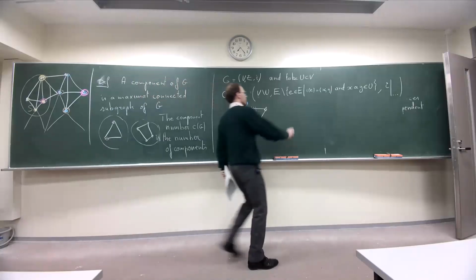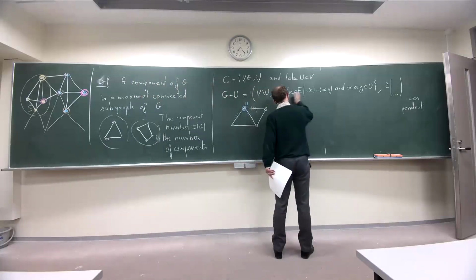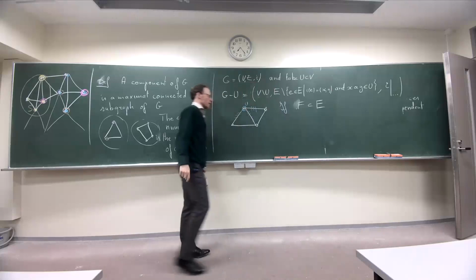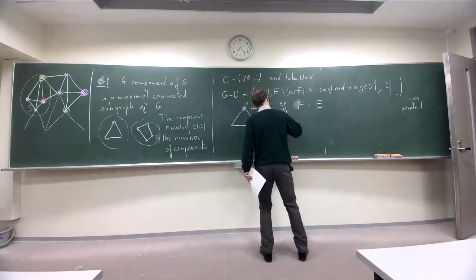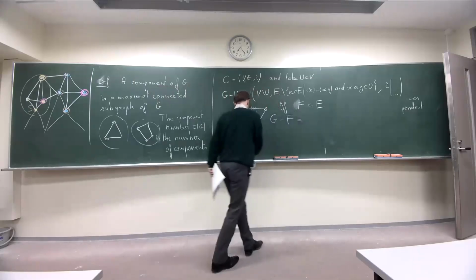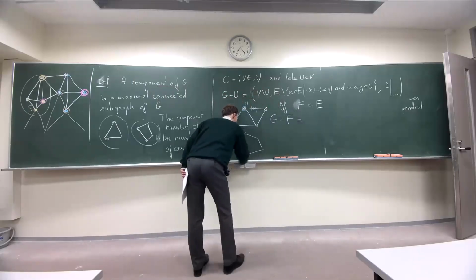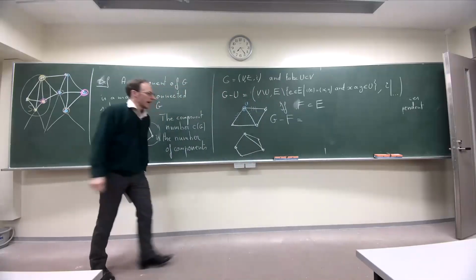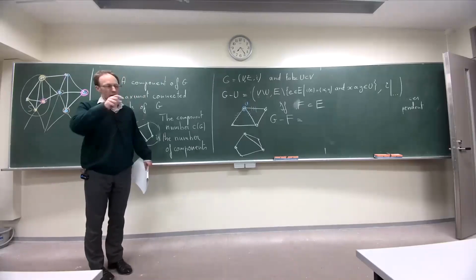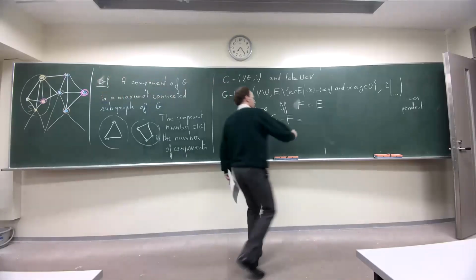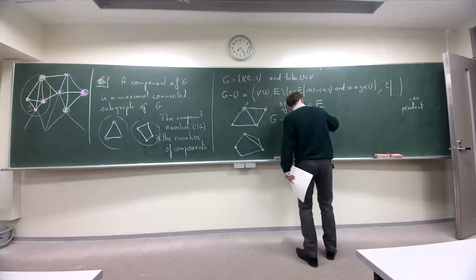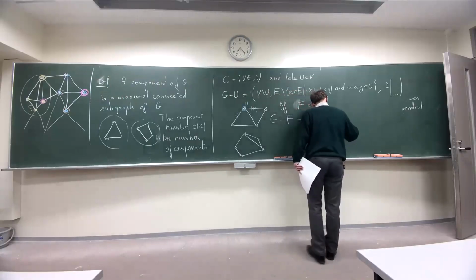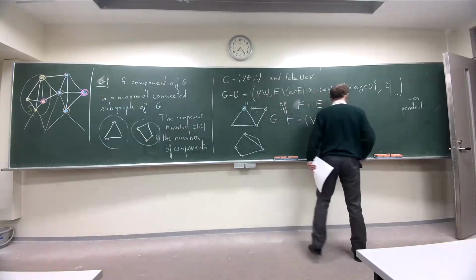Okay. Now if I take a set of edges F, what is G minus F? This is simpler. It's the same picture, any picture, doesn't matter. If you eliminate a few edges, then the set of vertices does not change. So this is simply the same V, E minus F, and I is also restricted.